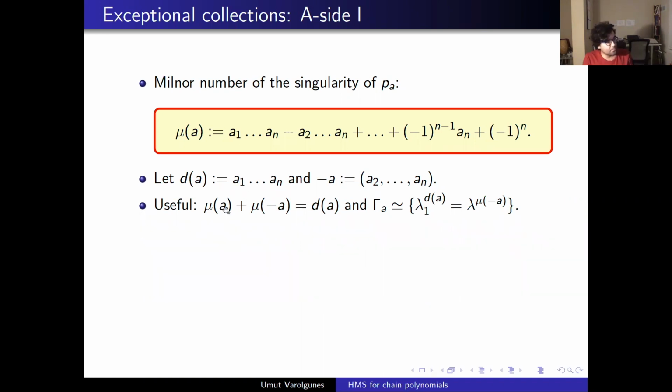And then a useful relationship is that mu_A plus mu_{-A} is equal to d_A. You can just see that things cancel. And this group that I mentioned in the beginning, gamma_A, you can compute to be just lambda_1 to the d_A equals lambda to the mu_{-A}. So you can see when these two things are coprime, then this is just a C star.